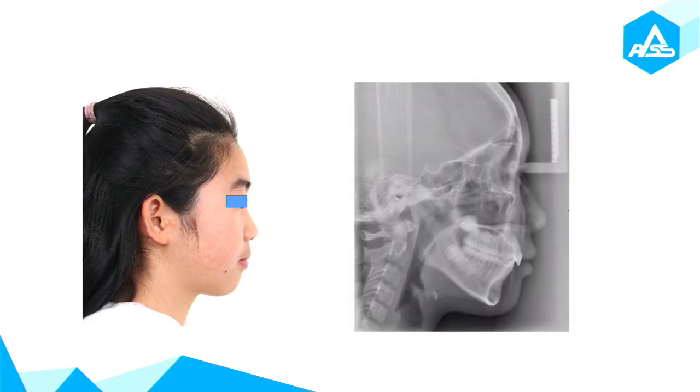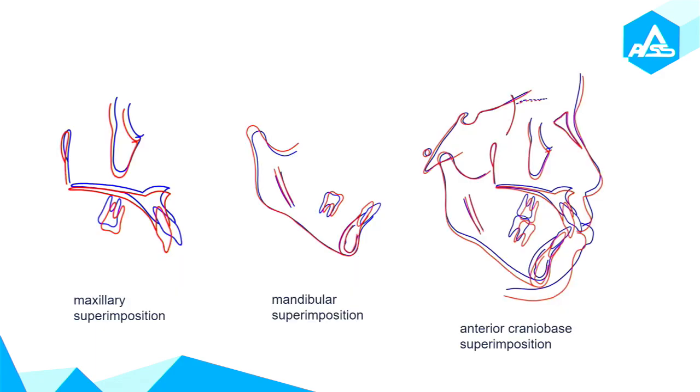If we check the profile, we improve it quite a lot, right? We do superimposition. You will see upper molar keeps the original angle, no forward tipping.